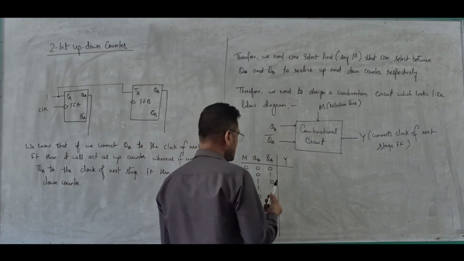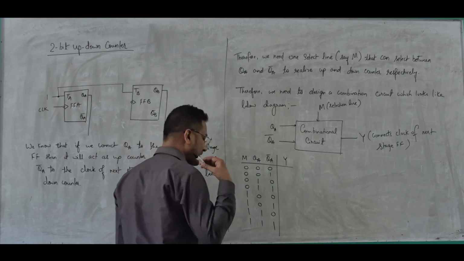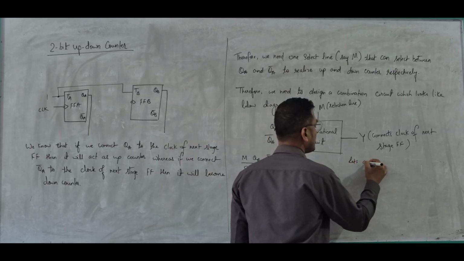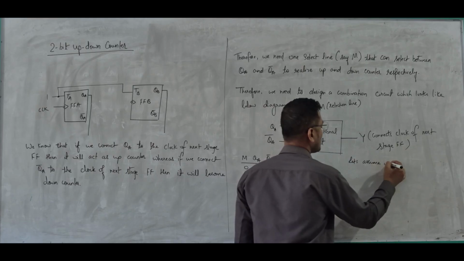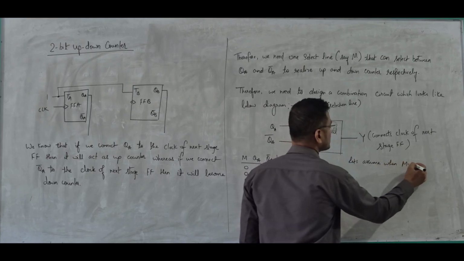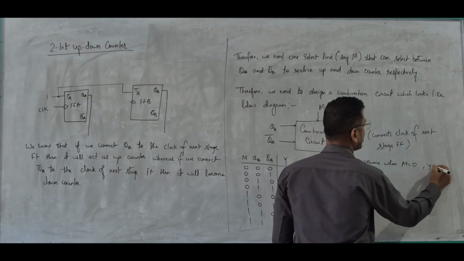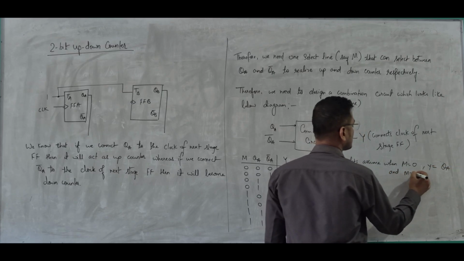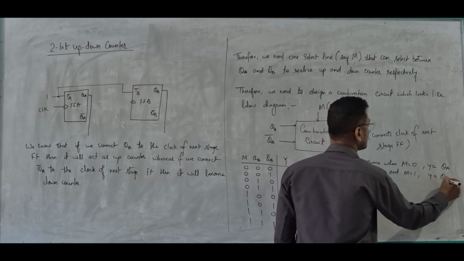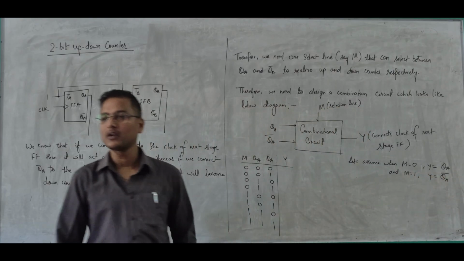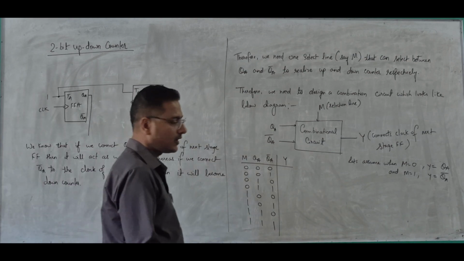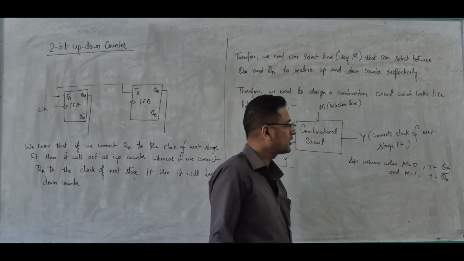And as I said, let's assume when M is equal to 0, Y is equal to QA, and when M is equal to 1, Y is equal to QA complement. If M value is 0, then Y is equal to QA. That is for up counting.